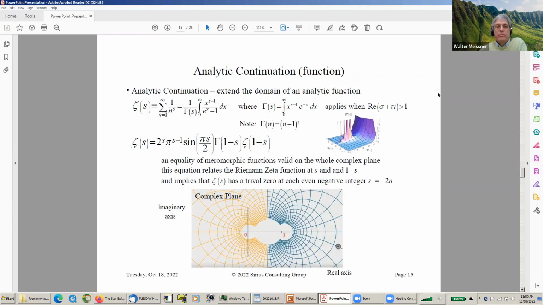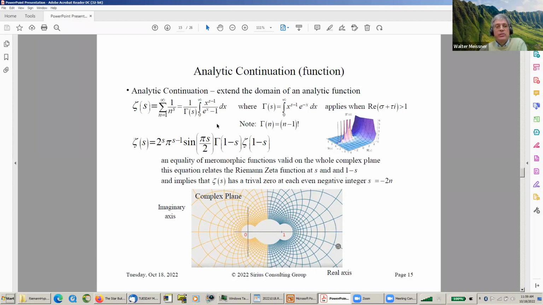Now, one of the things about this function is that it will have zeros, but there's a bunch that are called trivial zeros, and the trivial zeros are when S equals minus 2n.